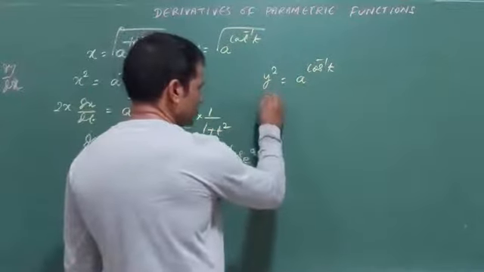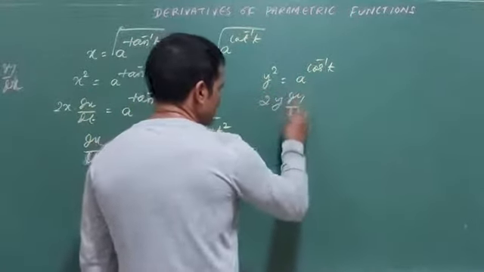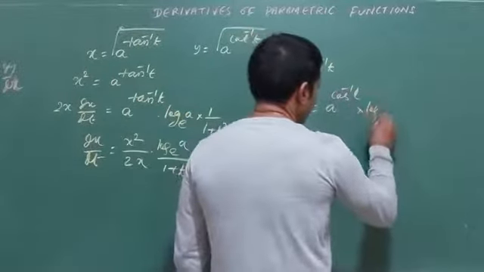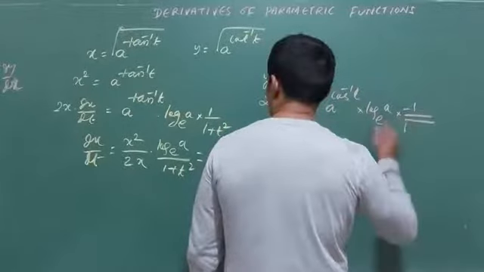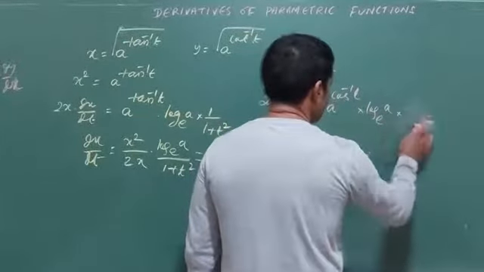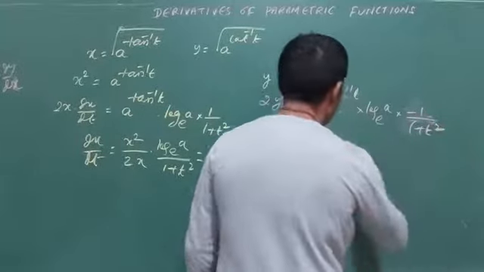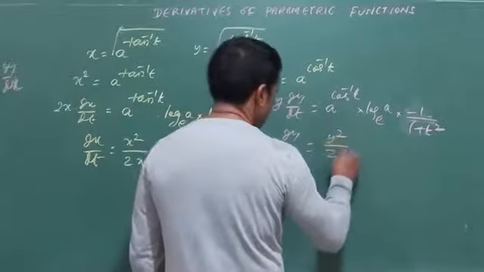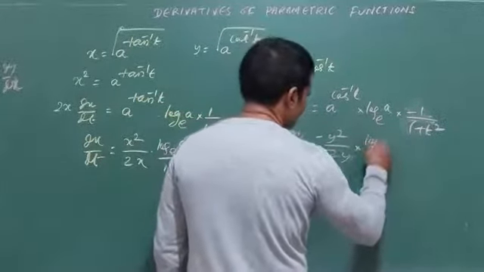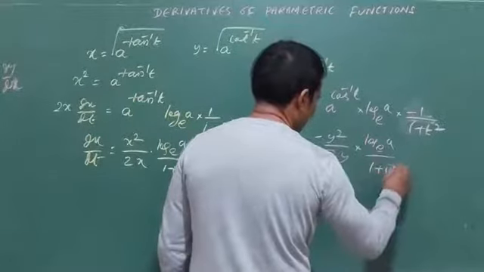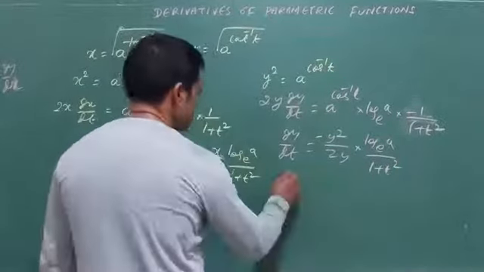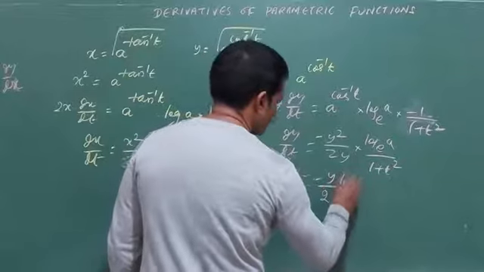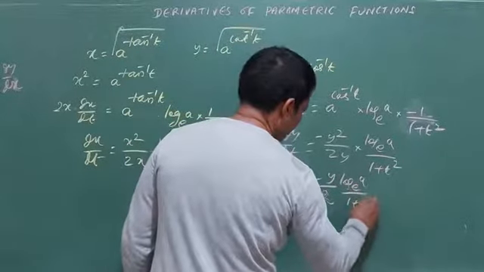Find the derivative with respect to t: 2y dy/dt = a^(cot⁻¹ t) · log_e a · (−1/(1 + t²)). Replace this by y², so dy/dt = −(y/2) · log_e a/(1 + t²).